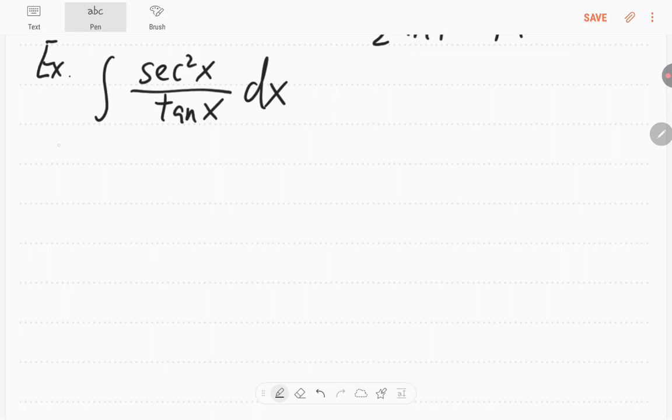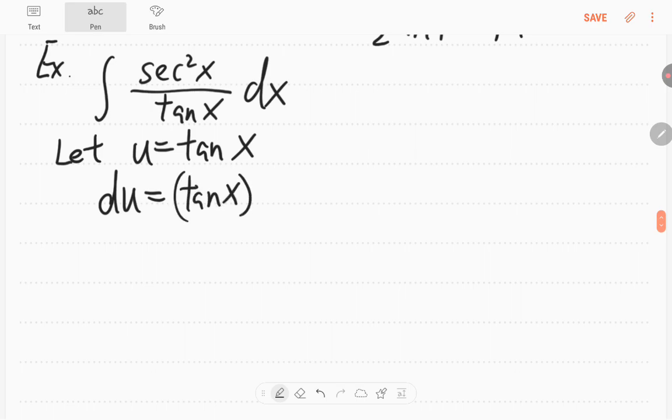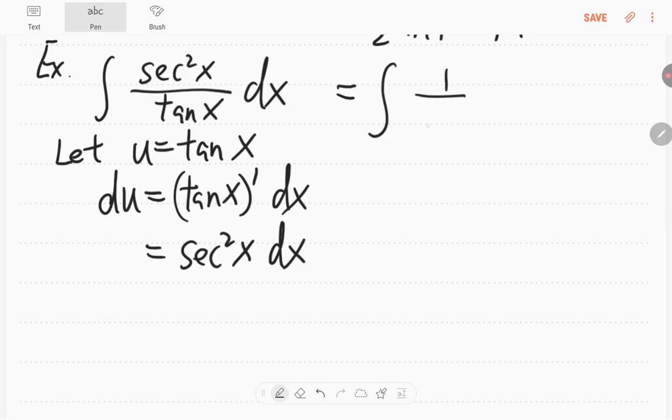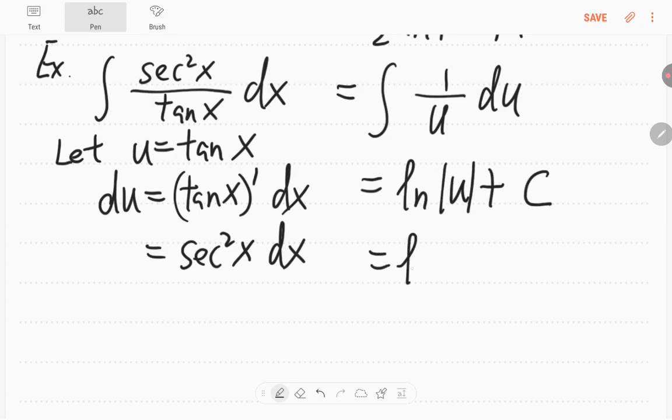So it's reasonable to choose u equals tangent x, then du is equal to the derivative of tangent x times dx, which is secant squared x dx. So we can write this as the integral of 1 over u du. This is the natural log of the absolute value of u plus a constant. Then plugging back, it would be the natural log of the absolute value of tangent x plus constant c.